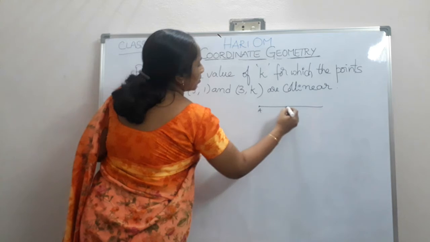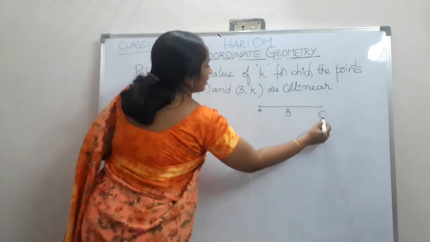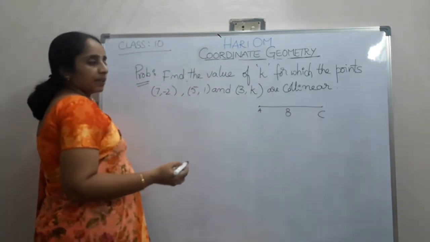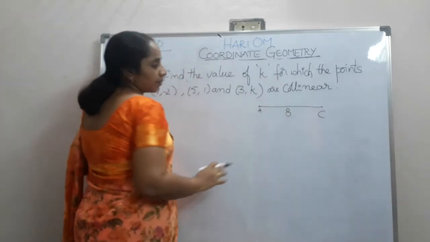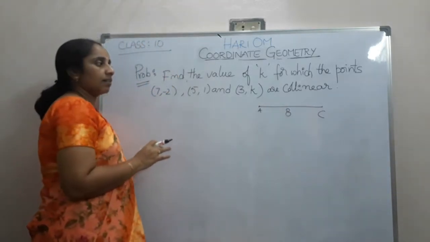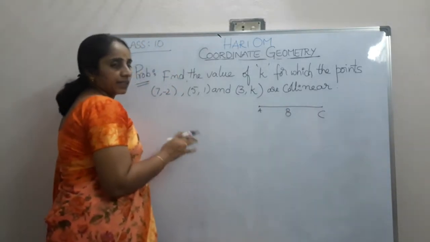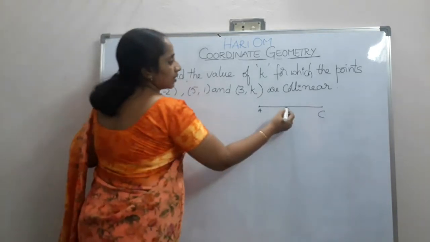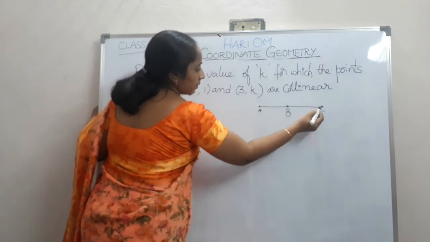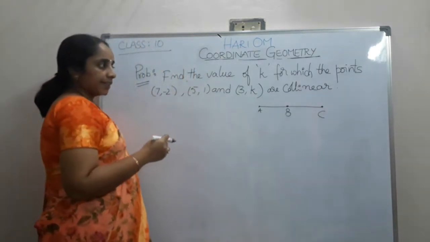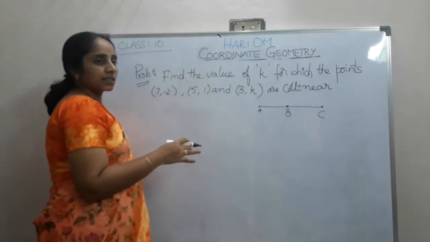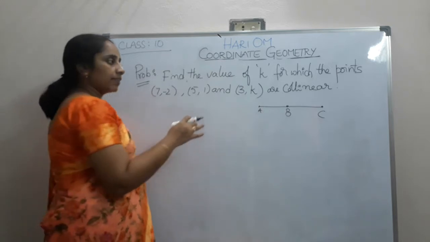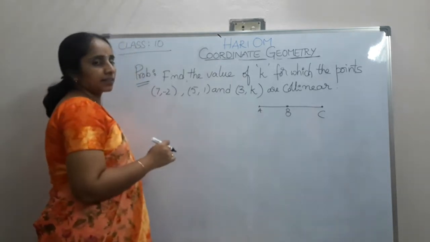If A, B, C are 3 points lying on the same line, then we can say that they are collinear points. If they are on the same line, it is impossible to construct a triangle with these 3 points, isn't it?